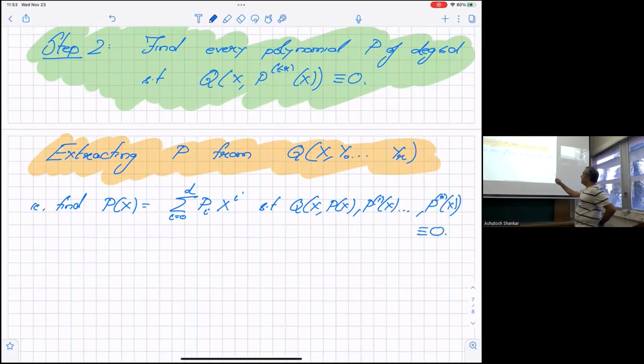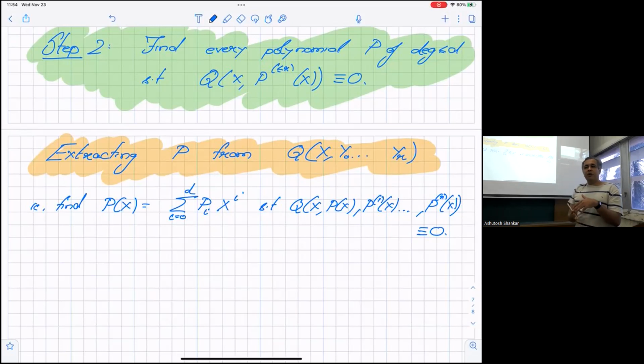We need to find all P such that this happens. This is a polynomial equation. Of course, one thing you can do is write it down and plug it in and try to solve it. Unfortunately, it's not a linear equation.